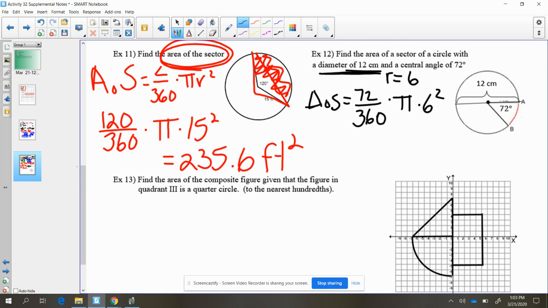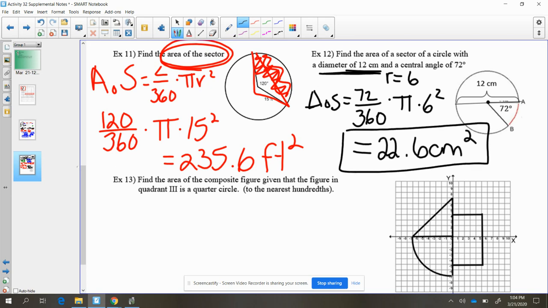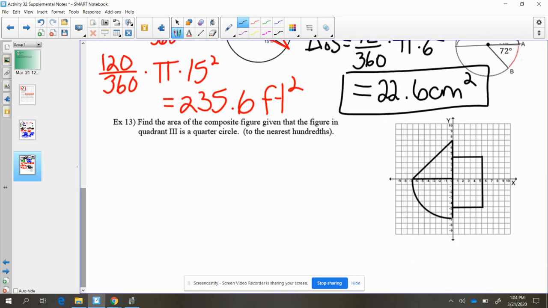Type that in your calculators and approximate to the nearest tenth. You should have gotten 22.6 centimeters squared. And again, area involves units squared.